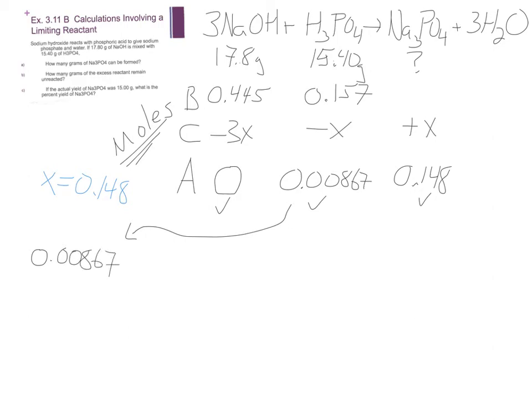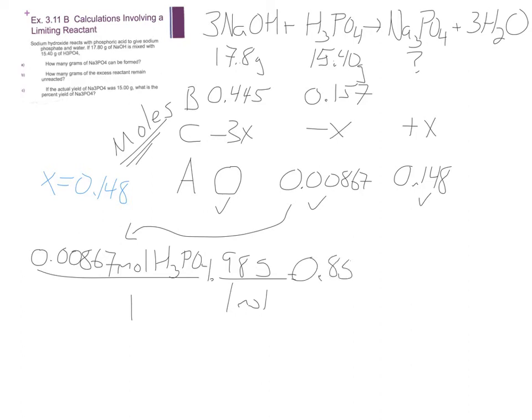I think that's the second question, but let's just go ahead with that one. This is moles of H3PO4. We just need to convert that to grams. That has a molar mass of 98, so 1 mole, 98 grams. And that's going to give us 0.850 grams left over.